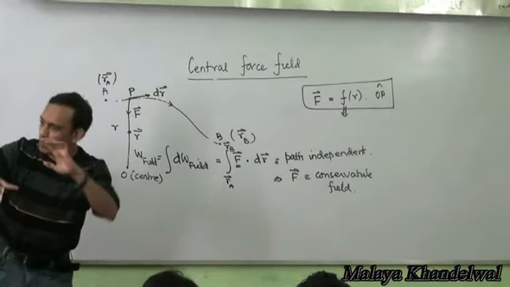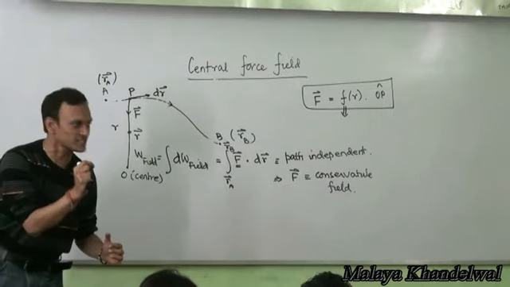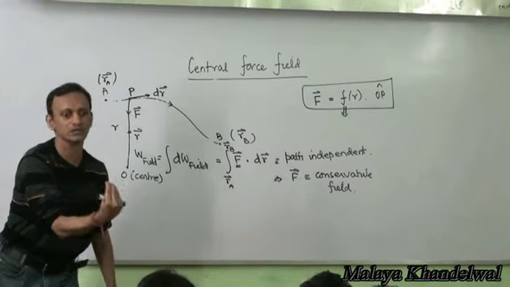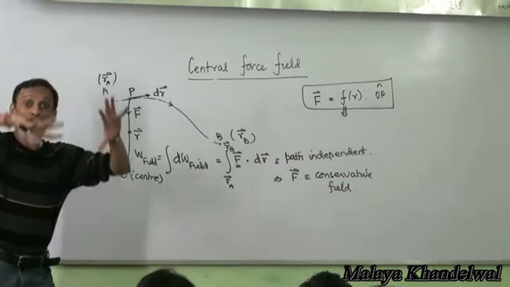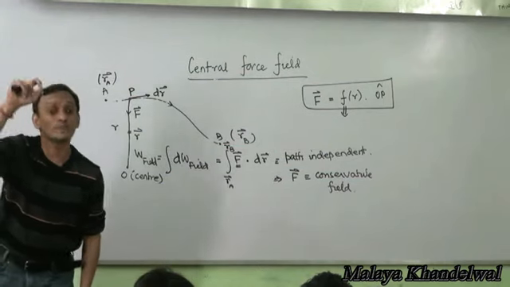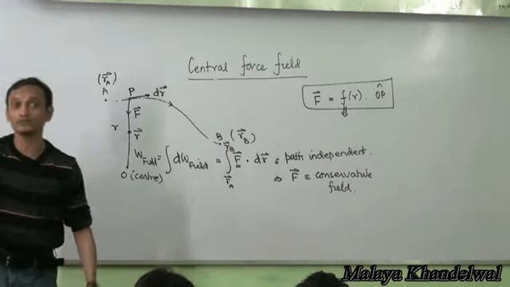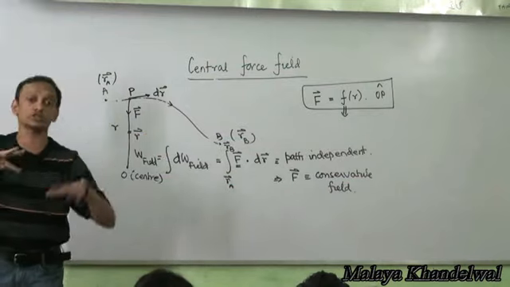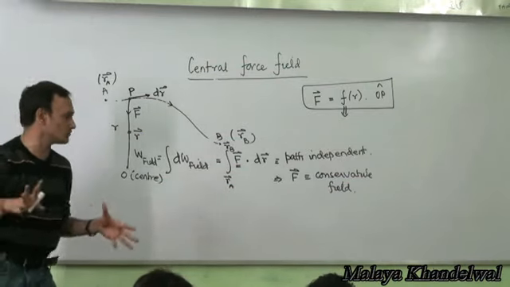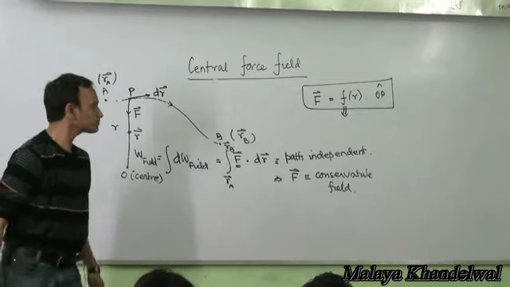With every point in that field, I can associate a scalar, a number, which represents the potential energy of a test particle when placed at that point. So, the potential energy from point to point will depend on the specific position in the field. The force would be a function of the position, and the potential energy would be a function of position x, y, z of the particle in that region.